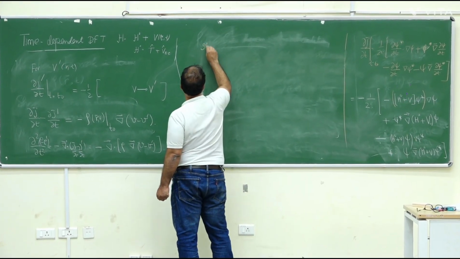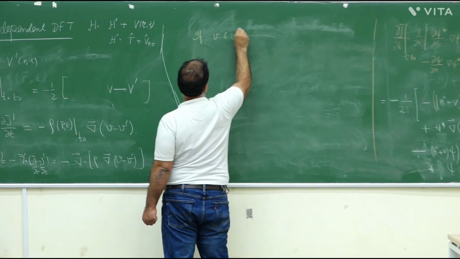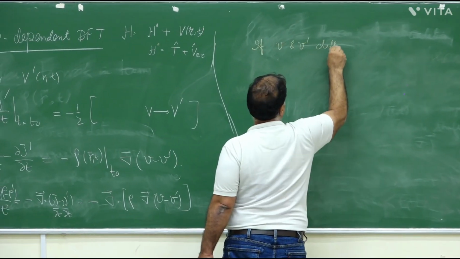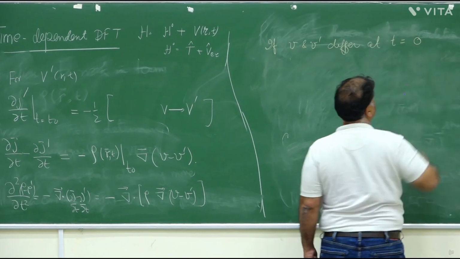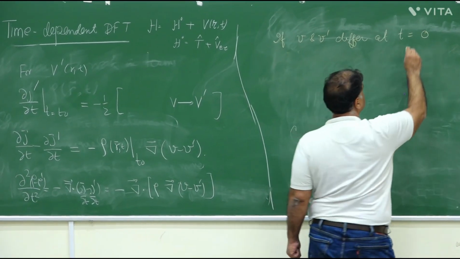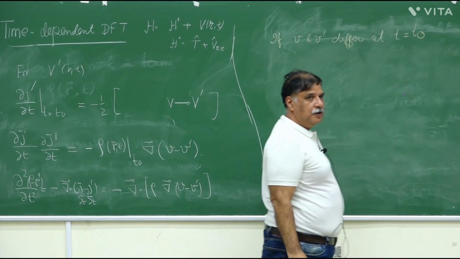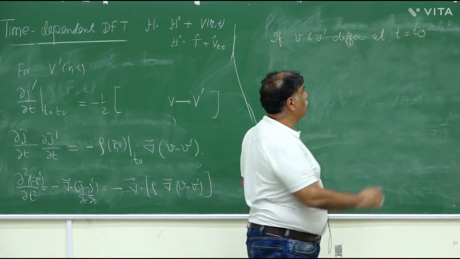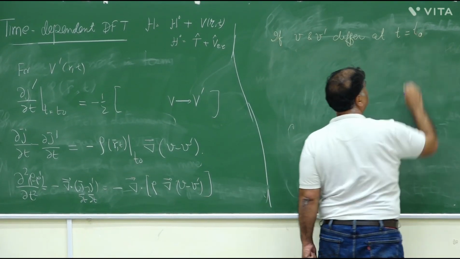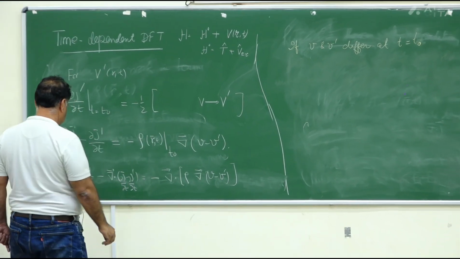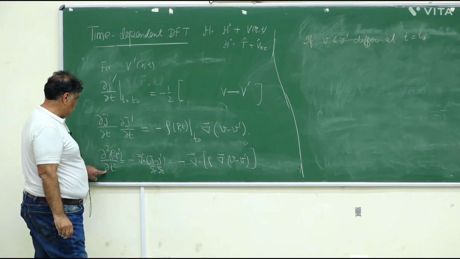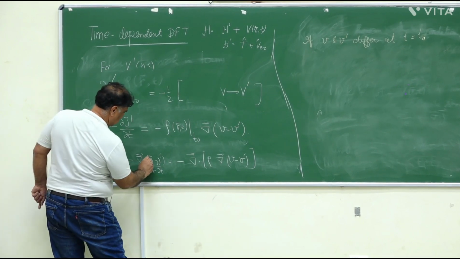If V and V prime differ at t equals t0, right? So I don't think there will be two delta t. What is that? The last line, would there be two delta t? Divergence of j minus j prime. No, this is dj dt.